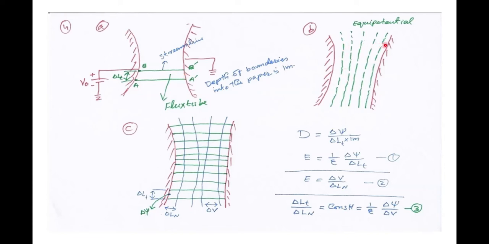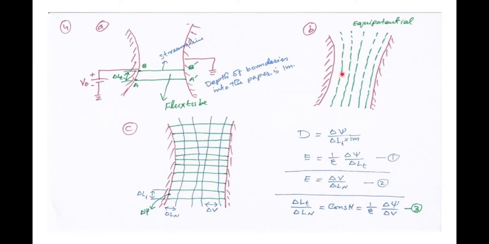Now we can also divide the space between the two conducting boundaries into a large number of equipotential surfaces. The equipotential surfaces between the two conducting boundaries are represented by green lines having a constant potential difference, delta V. Delta V is the constant potential difference between any two equipotential surfaces.